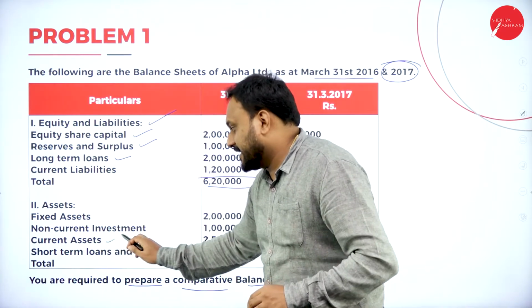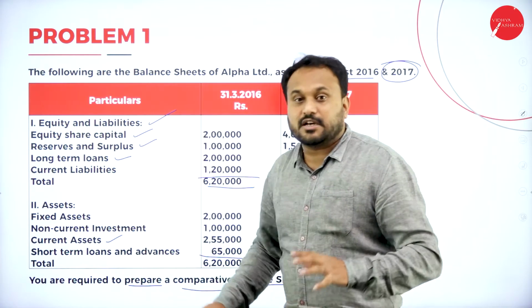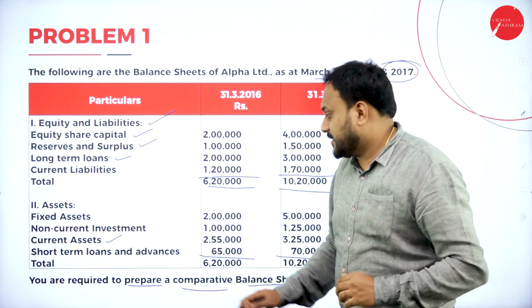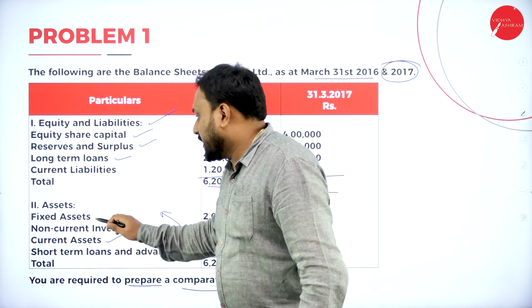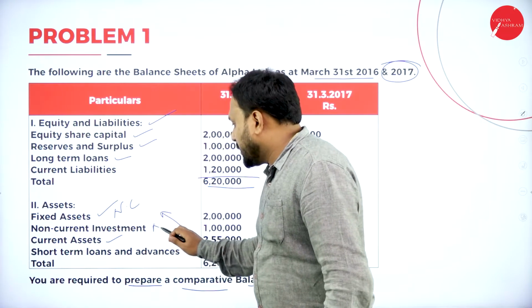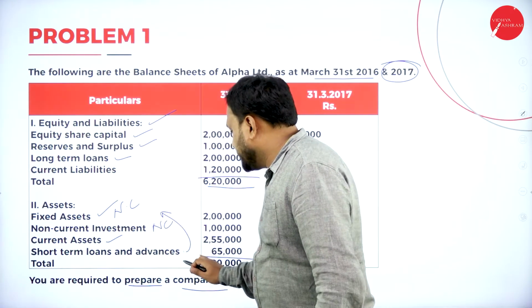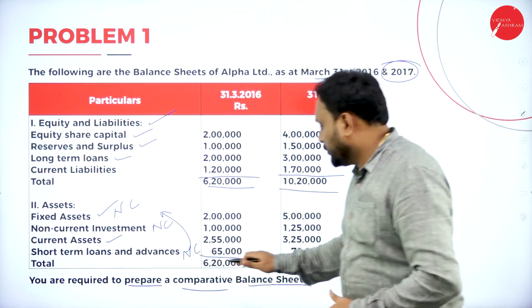Short-term loans and advances, is it also not a current asset? It is non-current, so it will come here. This is non-current, this is non-current, even this is non-current. So we'll go with that. Then current asset. Then total. We'll go with the same.